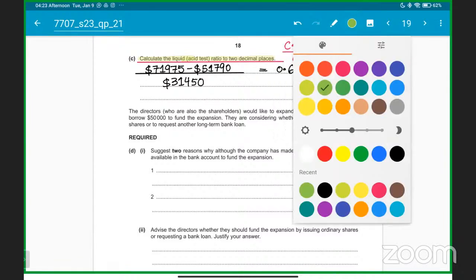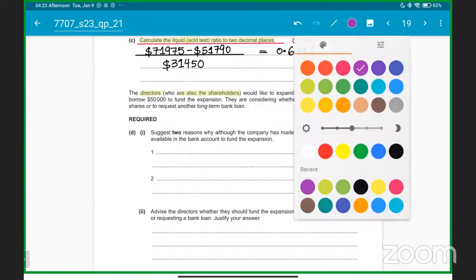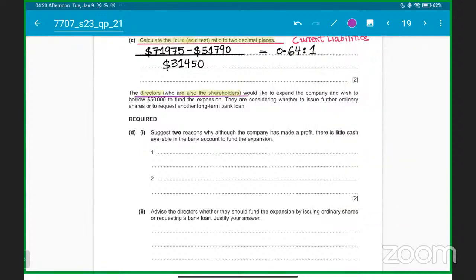Next, we have a couple more theory questions, might be analysis as well. The directors who are also the shareholders. The shareholders are the owners of the company, and in this case the directors are also the shareholders. They would like to expand the company and wish to borrow $50,000 to fund the expansion.